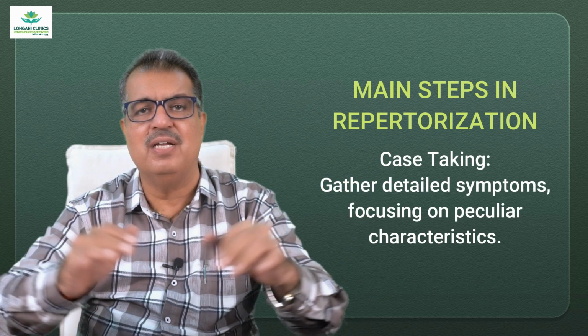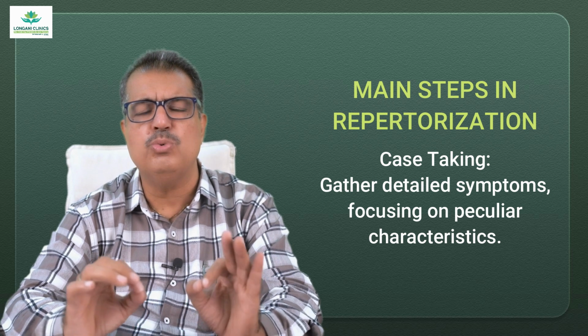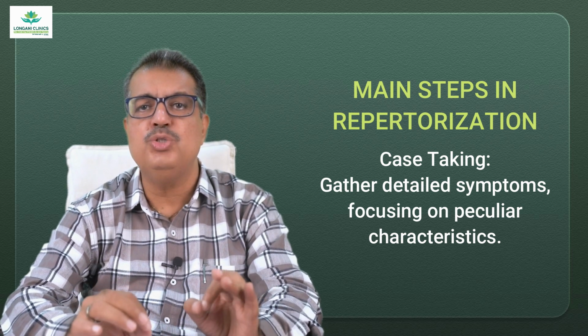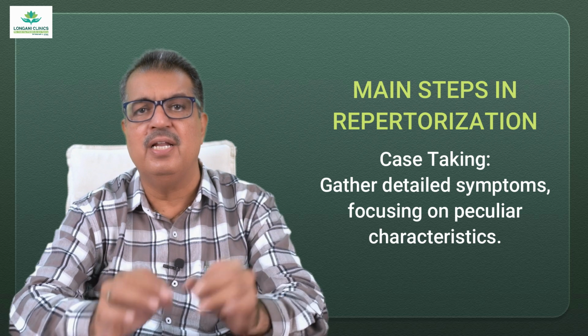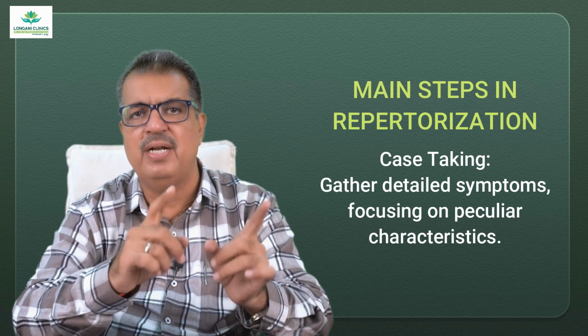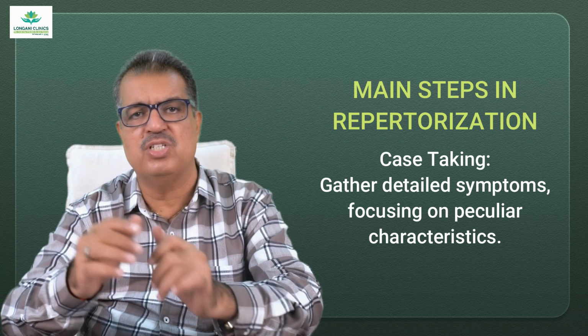Every successful repertorization follows certain essential steps. Understanding these steps ensures accurate and confident prescribing. The main steps in repertorization are: the first one is case taking. The first and most crucial step, the case should be taken in detail, covering physical, mental, and emotional aspects.